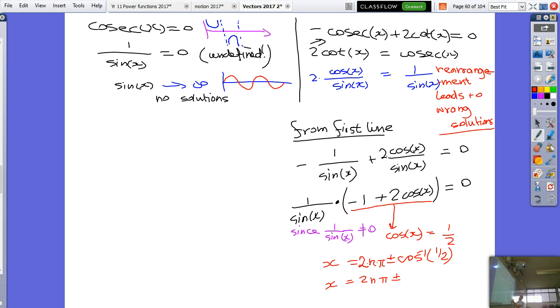Now, can we evaluate the inverse cos of 1/2? Pi on 3. Very good. And now we just get a common denominator. So we're going to have 6n plus or minus 1 multiples of pi on 3. And that's for our n being whole integers.